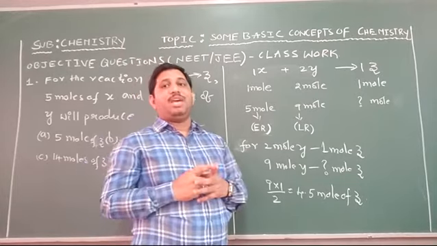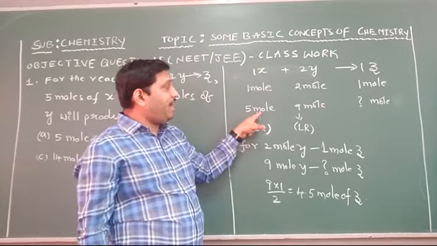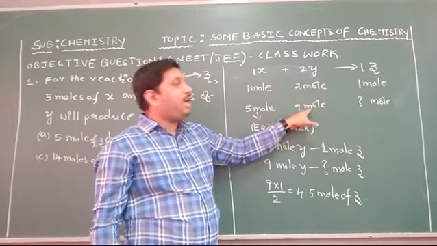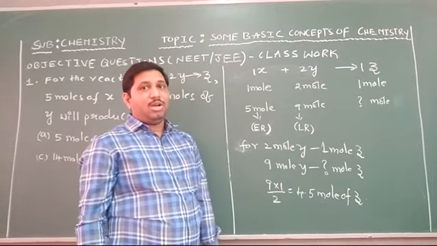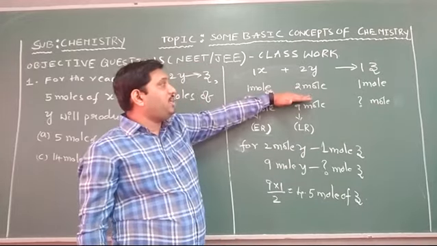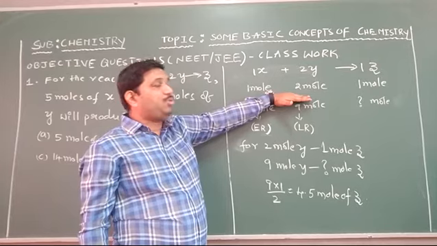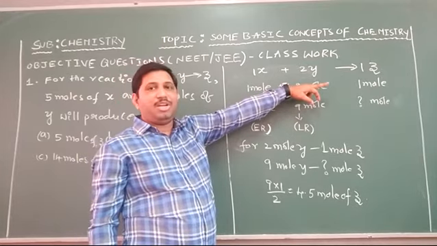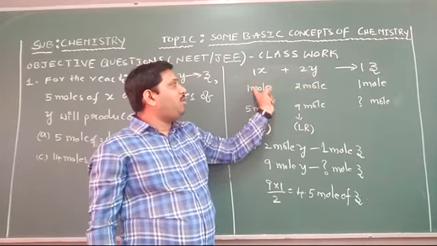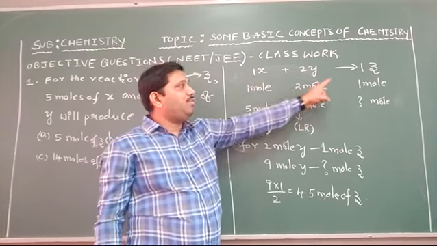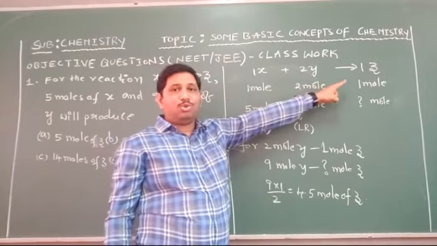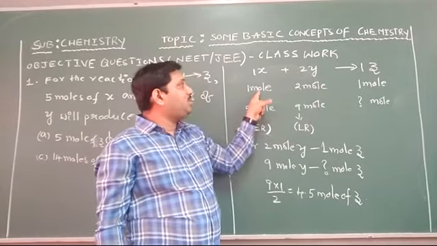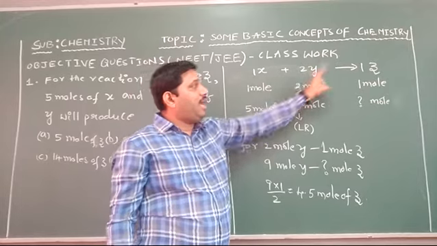But in our question, they have given that 5 moles of x react with 9 moles of y. How many moles of z are formed? We know, students, according to the stoichiometric ratio, if they are present in 1:2 ratio, the number of moles can be determined very easily. 1 mole of x, 2 moles of y, 1 mole of z is formed. 2 moles of x, 4 moles of y, 2 moles of z. 3 moles of x, 6 moles of y, again 3 moles of z.